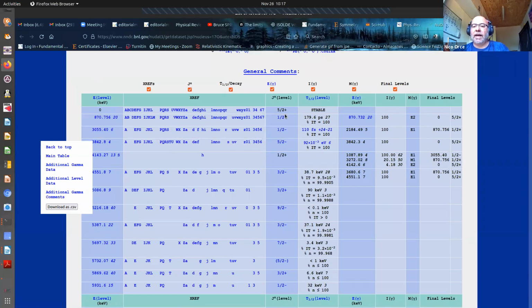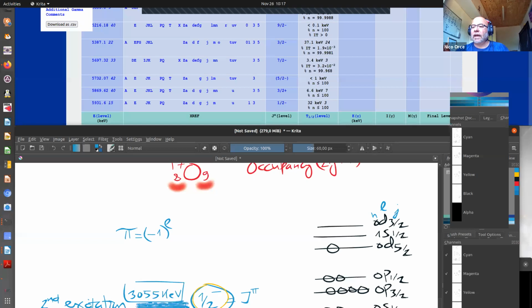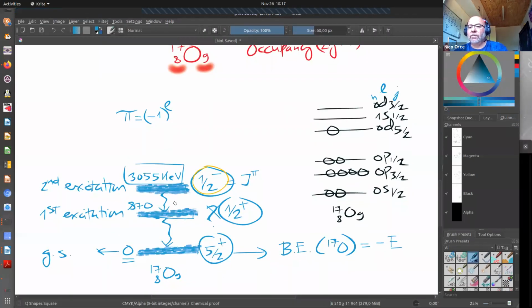So the 5/2 plus, we interpret it as this particle jumping from here to there, right? This particle jumped from here to there. So originally it was in the 5/2 plus and it goes to the 1/2 plus, right?